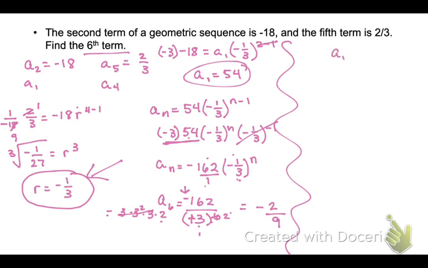So a sub 1 equals 54, and a sub n equals a sub n minus 1 times negative 1/3.